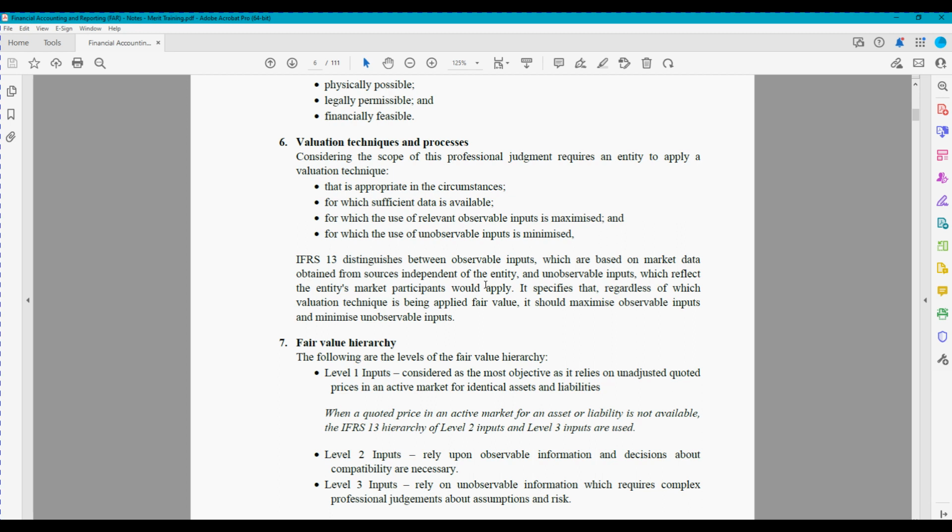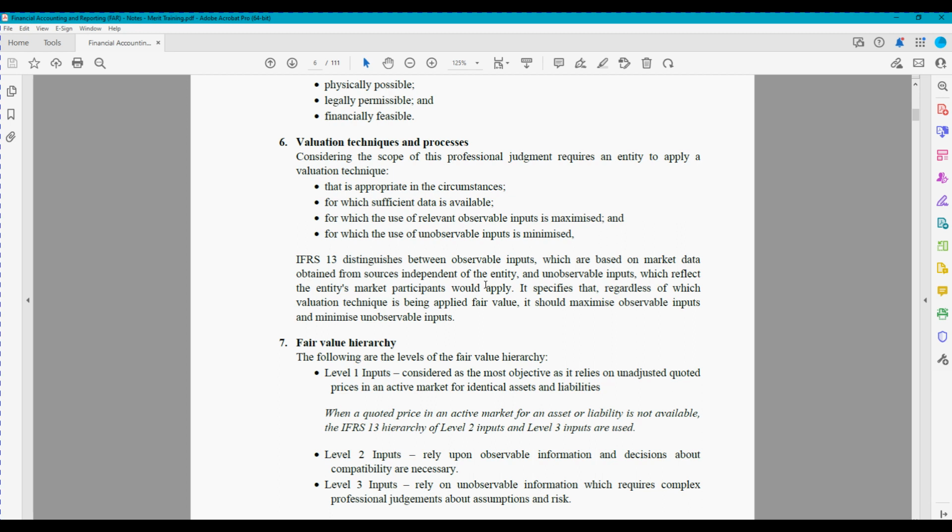A key distinction in IFRS 13 is between observable inputs, which is basically market data, and unobservable inputs, which would reflect the entity's market participants. For example, inside knowledge that a certain group isn't acquiring at the moment. Even though we think they'd pay this, they probably wouldn't be a participant, which would drag the price down. That's probably a good example of an unobservable input.